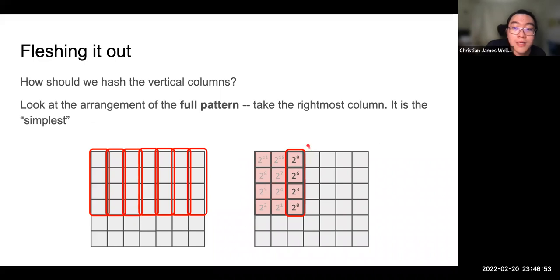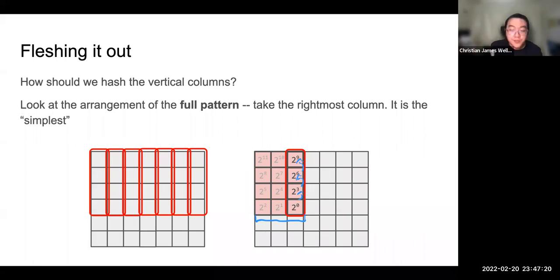Notice that if we take the rightmost column, this is the simplest because it has the smallest terms. But notice it is not consecutive. It is not 2 power 1 here, 2 power 2 here, 2 power 3 here, but rather they differ by steps of 3: plus 3, plus 3, plus 3. The plus 3 comes from the horizontal length of the pattern.